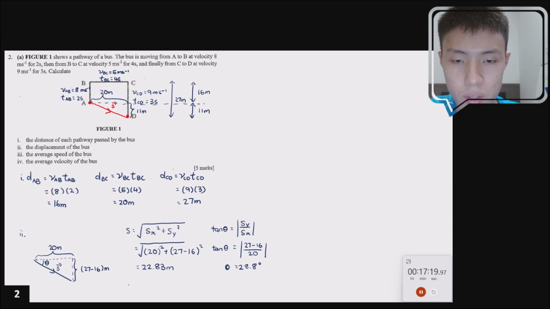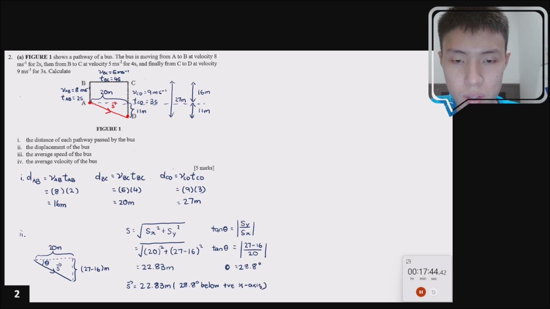Okay, so my final answer for displacement will be 22.83 meter, and it's 28.8 degree. This is below positive x-axis.